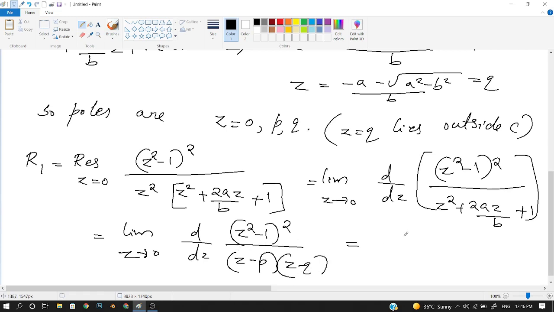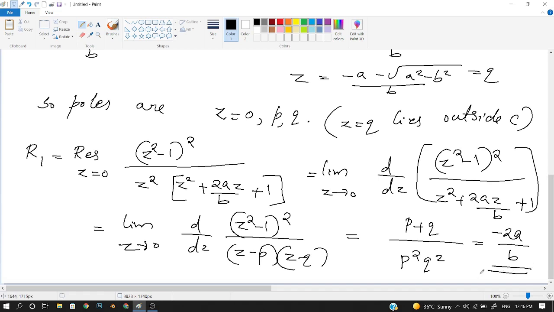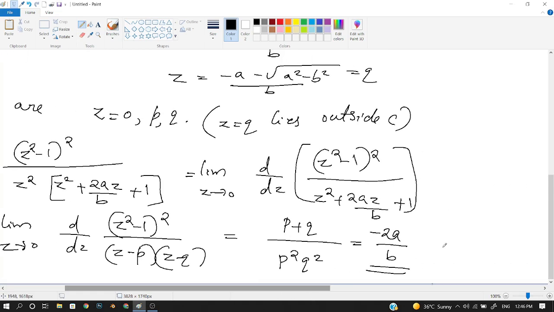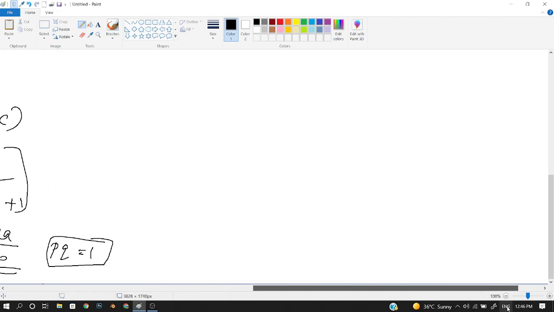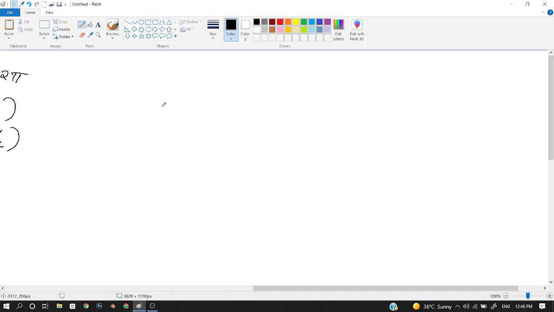So this is the same as p plus q divided by p square q square. When substituting the values of p and q, this is equal to 2a divided by b. Here we have p into q is 1. So that is the residue at 0.